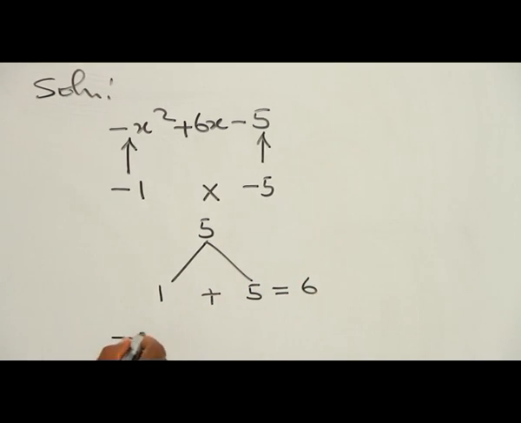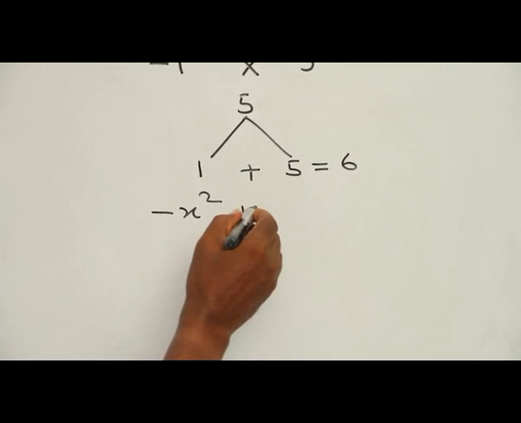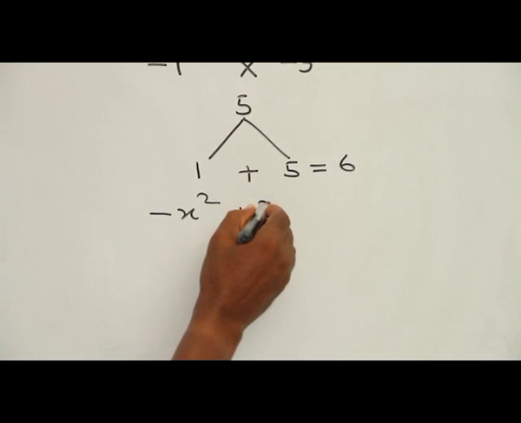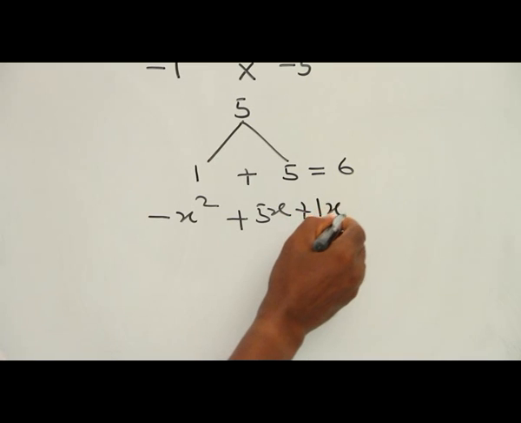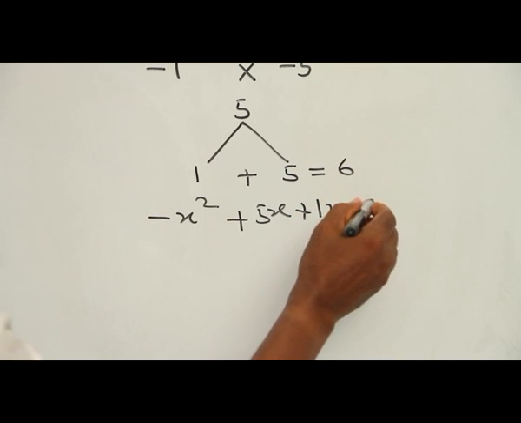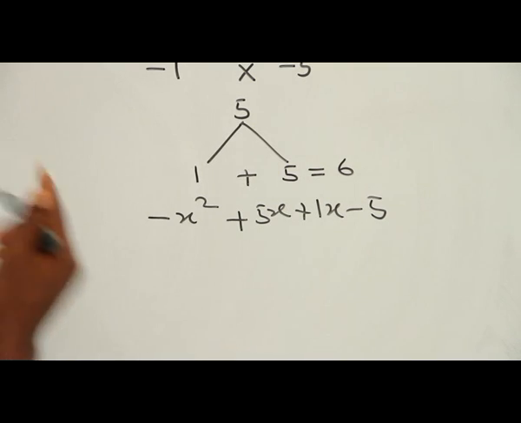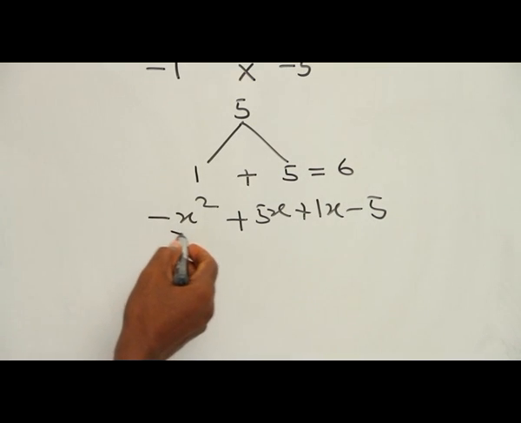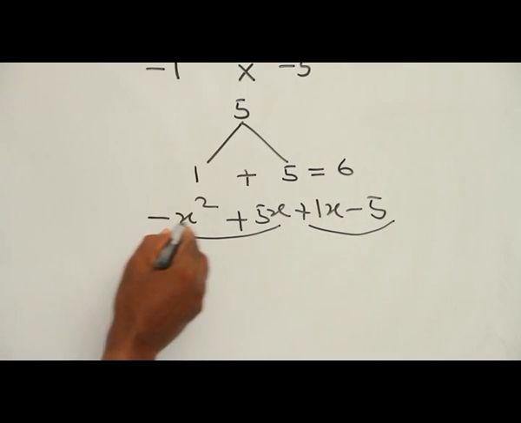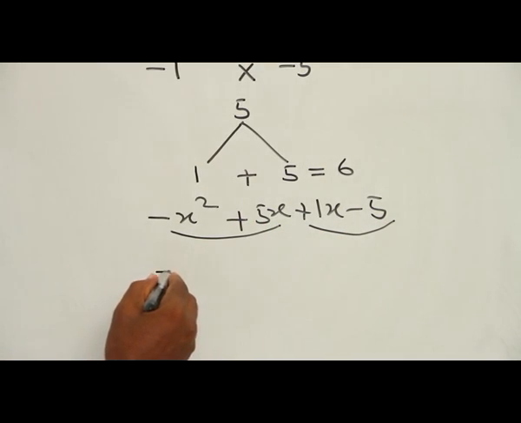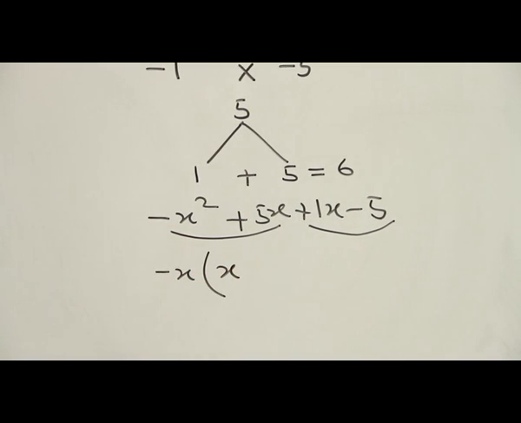So we can now write minus s squared, and then we have plus 5s and then plus 1s and then minus 5. In this case, we can rearrange because let's take this and see where we can have a common factor. This one will give you the minus s is common. Here will now be s.